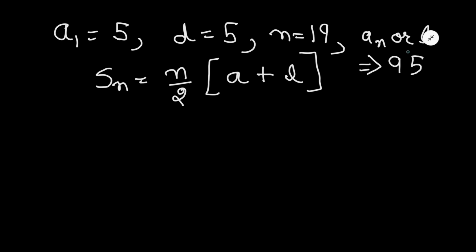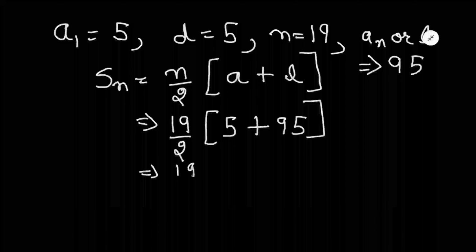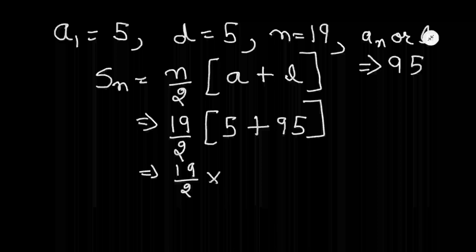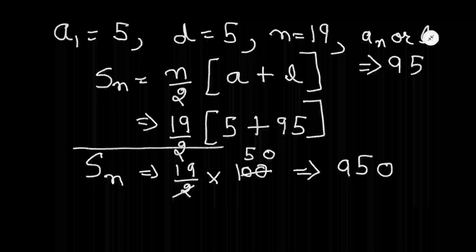Here n is equal to 19, the first term is equal to 5, and the last term is equal to 95. 19 over 2 into 95 plus 5 is 100. 2 into 50 is 100. 19 into 50 is equal to 950. The final answer is 950.